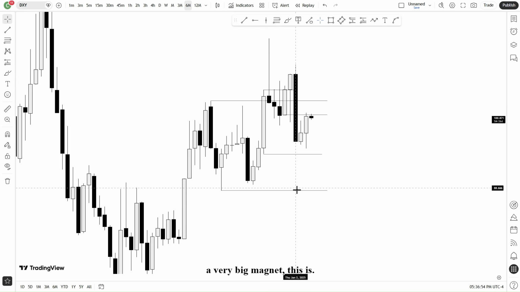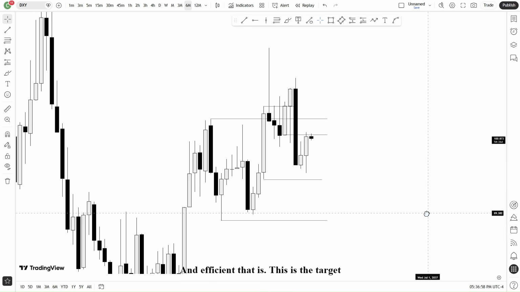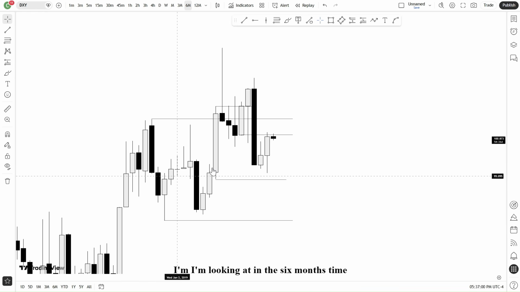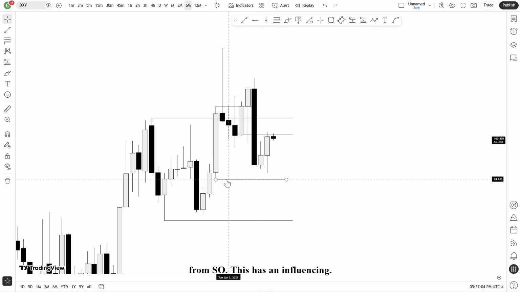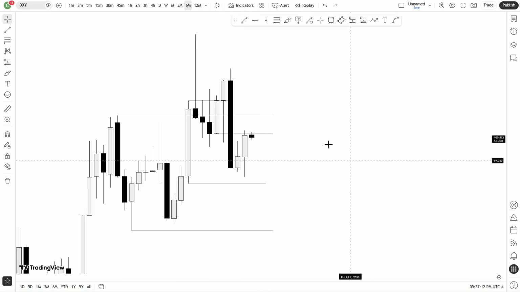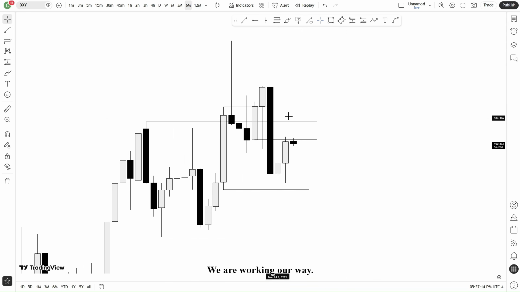So this is a very big magnet. This is the target I'm looking at in the 6 months time frame. This sell side inefficiency is a magnet to price. This is my draw on liquidity for price, right? So now we are working our way back towards this particular level.